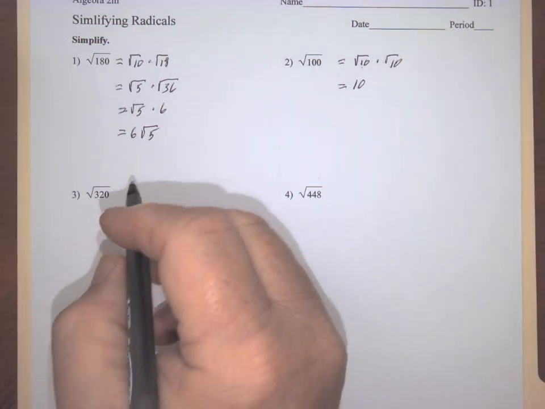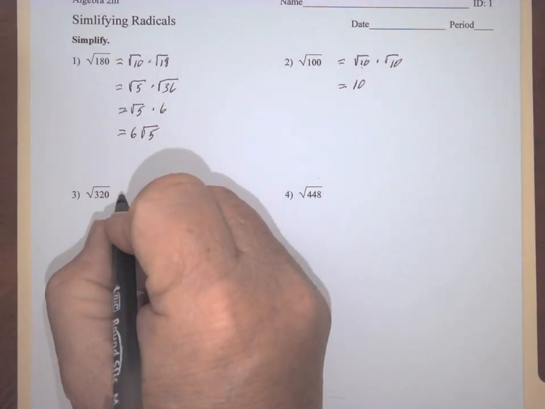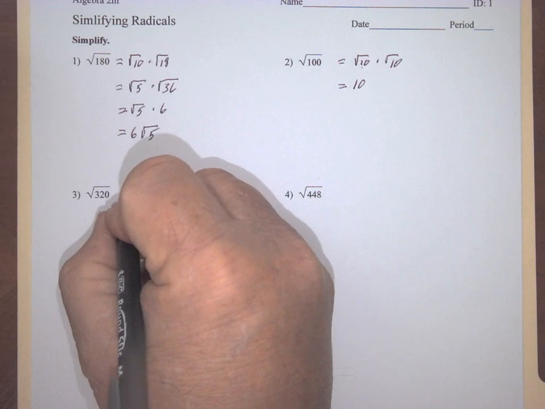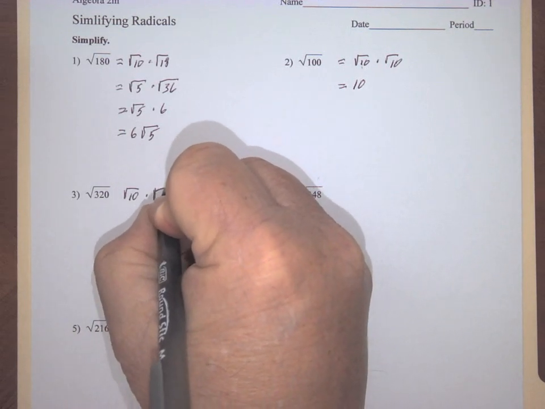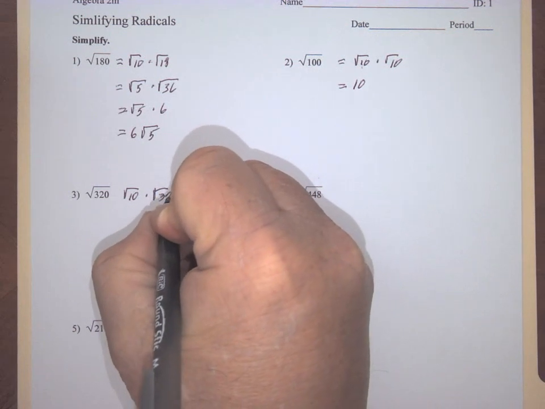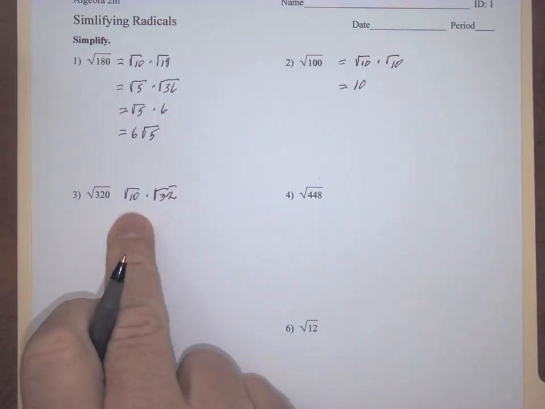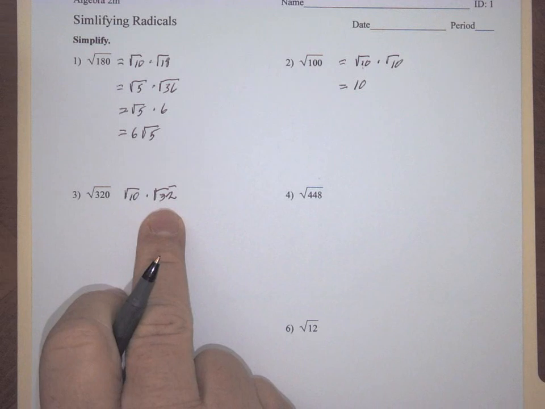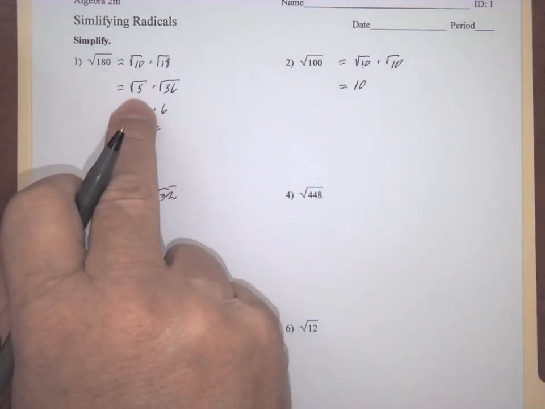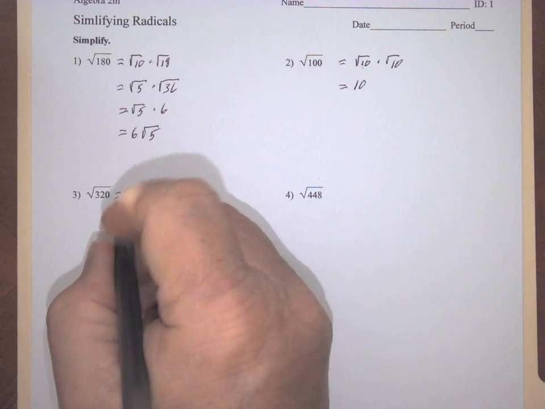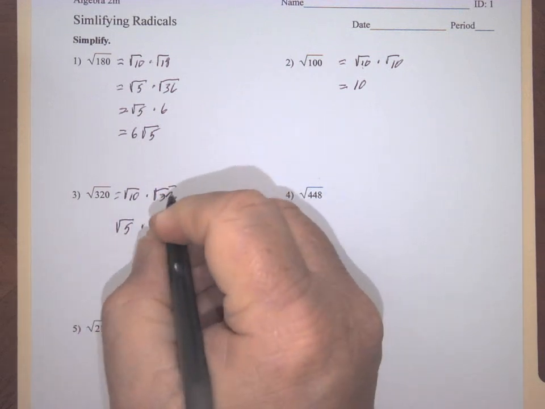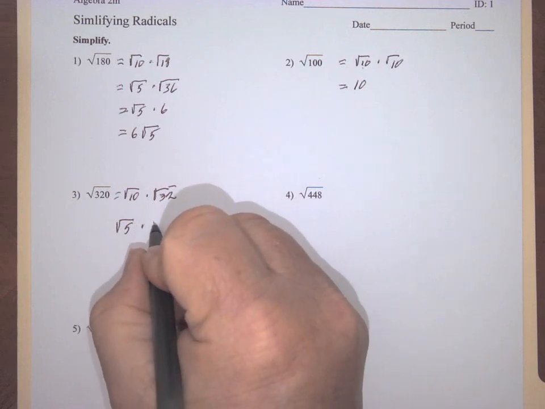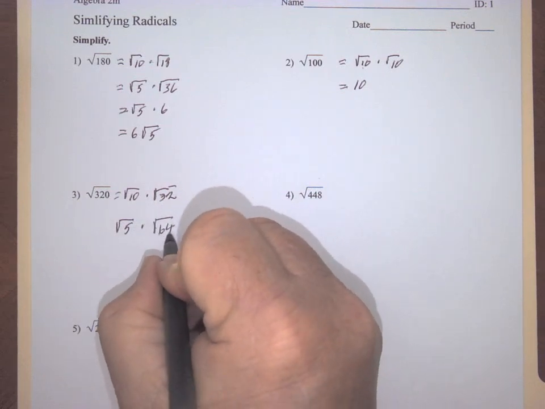If we divide by 10, we know that the square root of 320 is equal to the square root of 10 times the square root of 32. Well, neither one of those are numbers we can really work with. So let's try stepping down, because it's also equal to the square root of 5 times 2 times 32, the square root of 64.